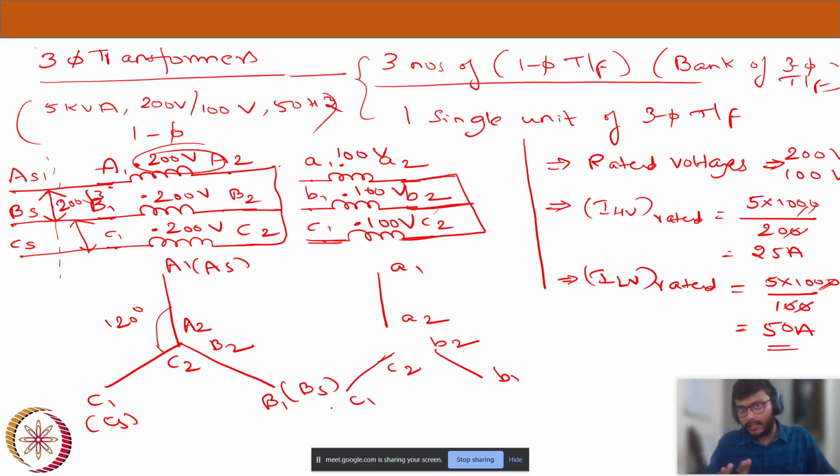Previously these three windings were individually isolated. Now I have shorted A2, B2, C2, I have forced those three points to be at the same potential. Now these are no longer isolated.